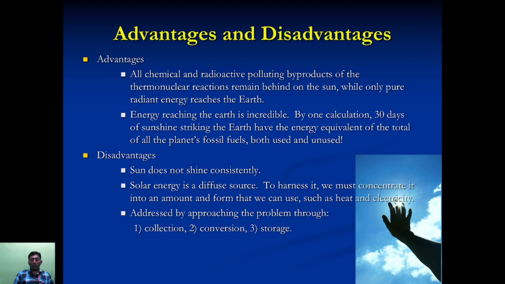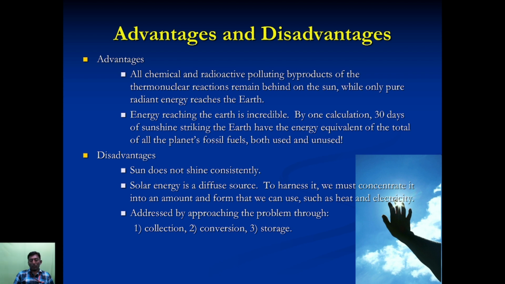This problem is approached by collection, conversion and storage. The first thing is collection. We need to set up some regulated environment to collect the solar energy. It may be heat energy from the solar, or light energy from the solar. So collection is an important task here.